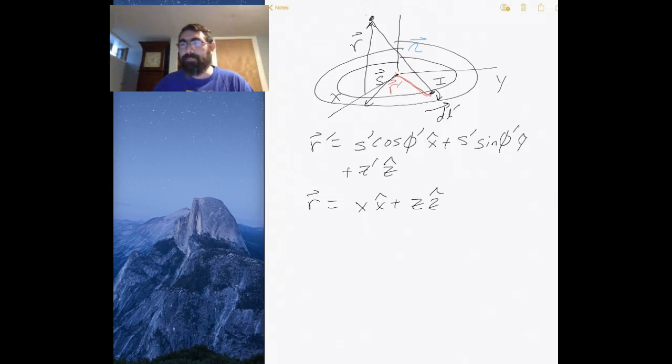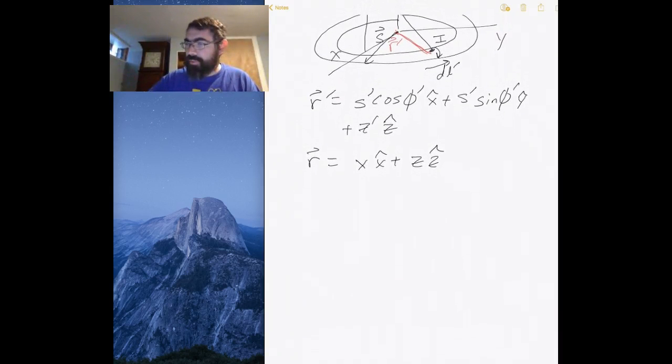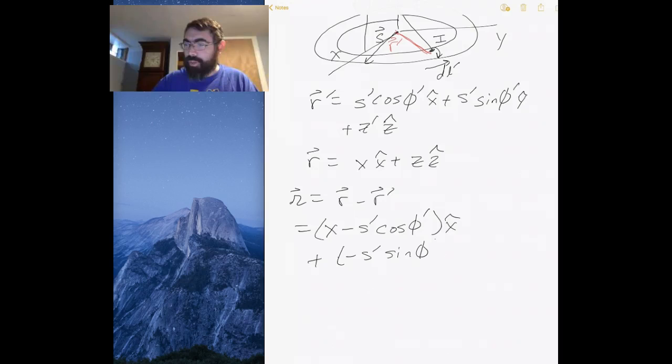So we've just decided to measure at that one point, not on the y-axis, and so that means that my difference vector is going to be r minus r prime, or basically x minus s prime cosine phi prime in the x direction, plus minus s prime sine phi prime in the y direction, plus z minus z prime in the z direction.